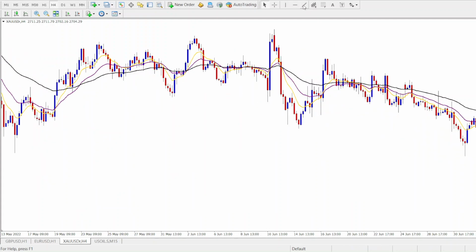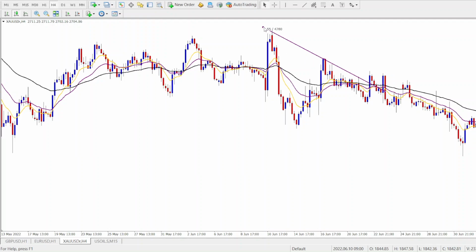I'm just going to use this as an example. Although this is not exactly a perfect example, because I couldn't really find a perfect one, I'm using it to explain. We can see that here we had lower highs and higher lows. Normally there should be enough space.